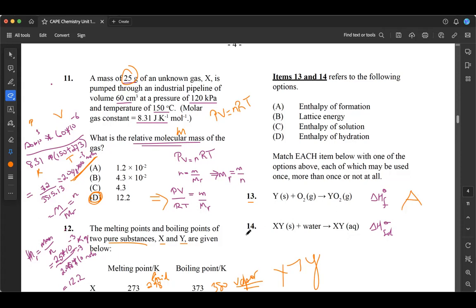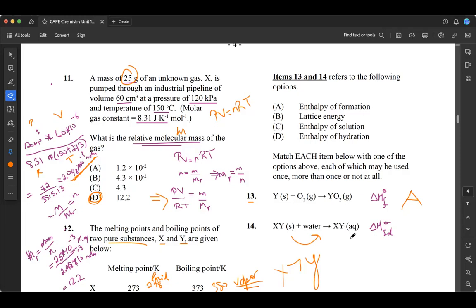For 14, what I have is a solid compound, maybe an ionic compound, in a solid state, XY. And I am dumping this in a bunch of water to then form XY in its aqueous state. When I have a solid that's being dumped in water, what we have is a solution being formed.